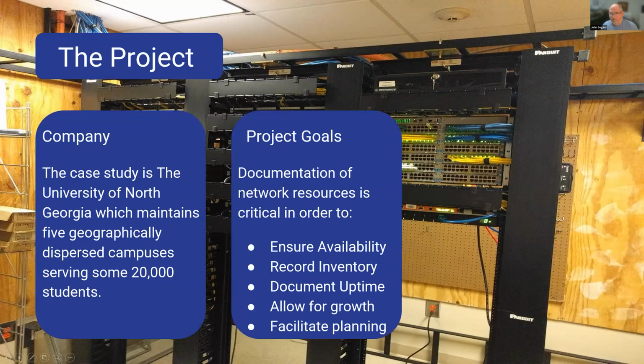Goals of the project include documentation of all the network resources in order to ensure availability, record inventory and location, help document uptime, and more importantly, to allow for future growth and to facilitate planning.